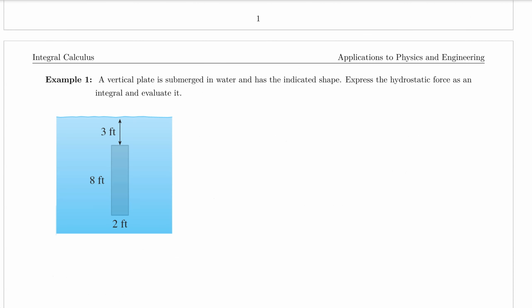Example 1 says a vertical plate is submerged in water and has the indicated shape. Express the hydrostatic force as an integral and evaluate it. The very first time I taught Calculus 2, I had a student come up with a wonderful mnemonic device to help you remember how to set up your integral: ducks, glide, down, lakes.